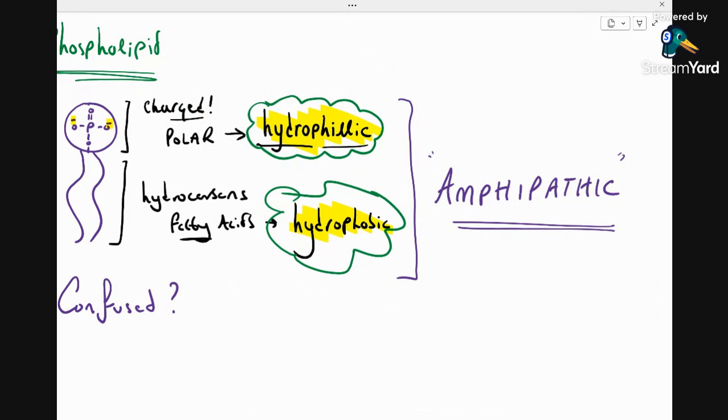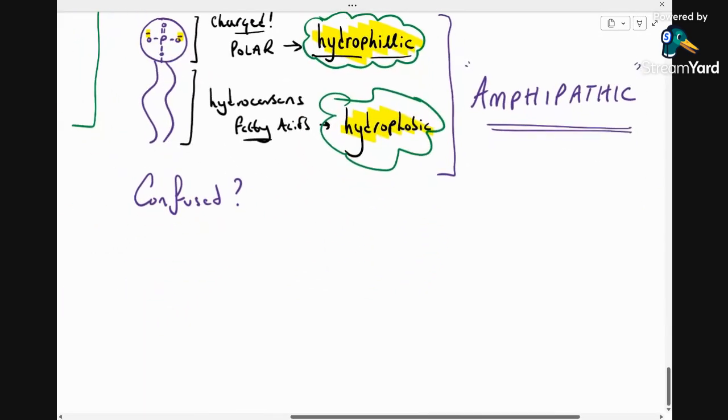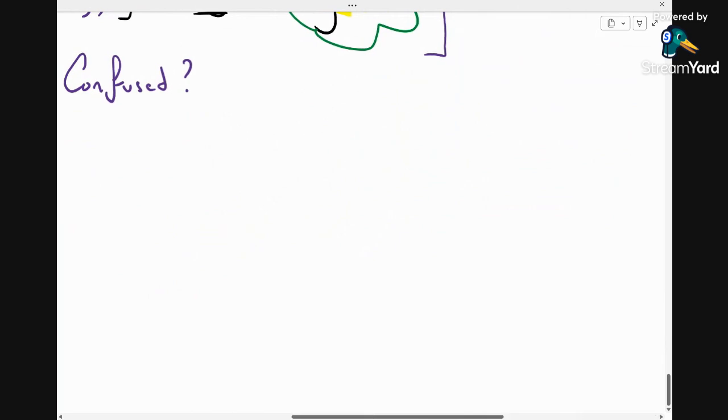Now, what that means for us is that if you were to put your phospholipids in water, they would arrange themselves spontaneously like this.